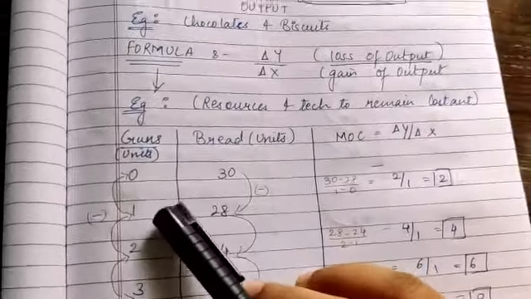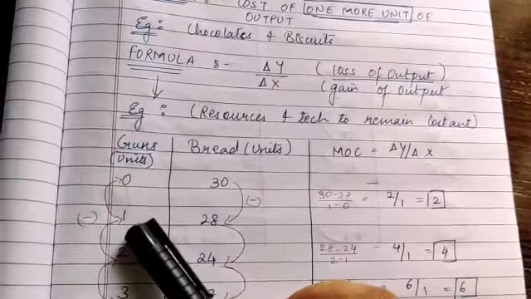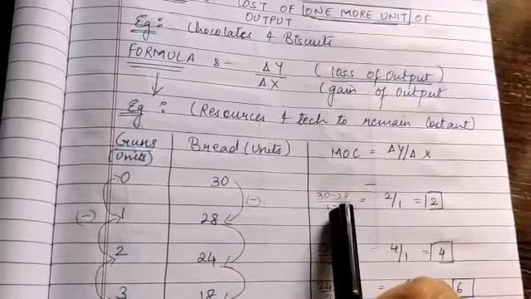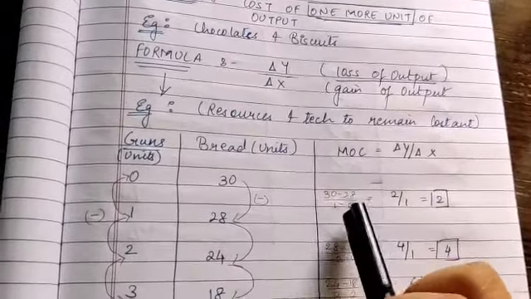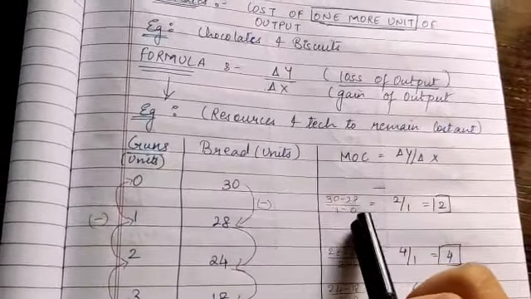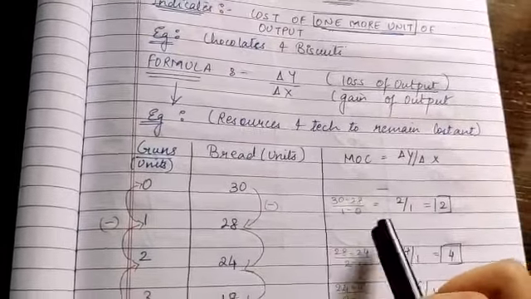So in the second stage, where guns is 1, we have calculated 30 minus 28 divided by 1 minus 0. We will get marginal opportunity cost as 2.